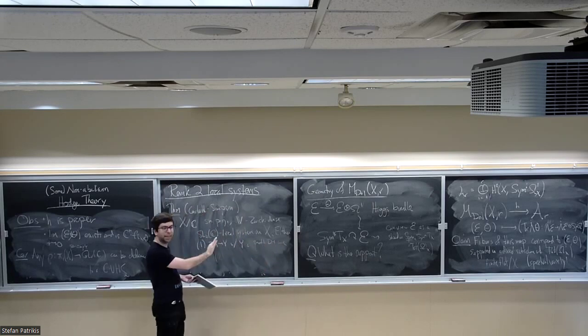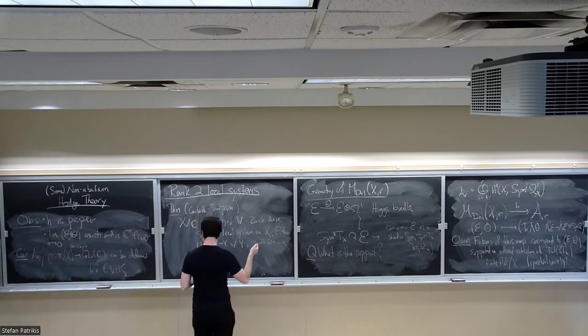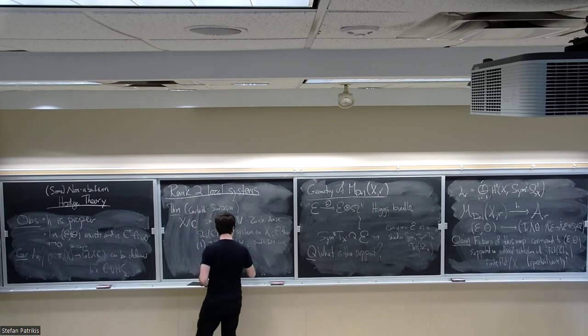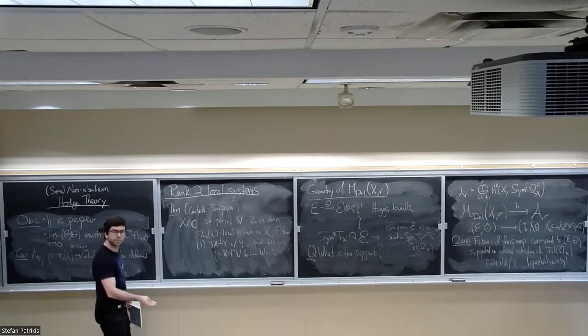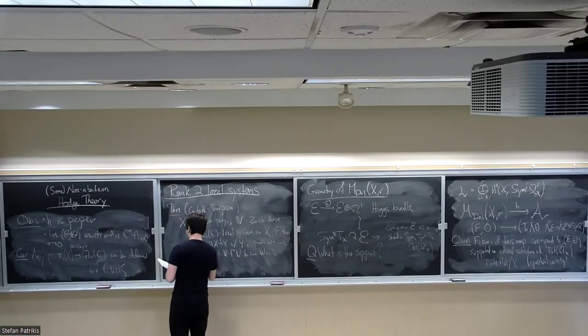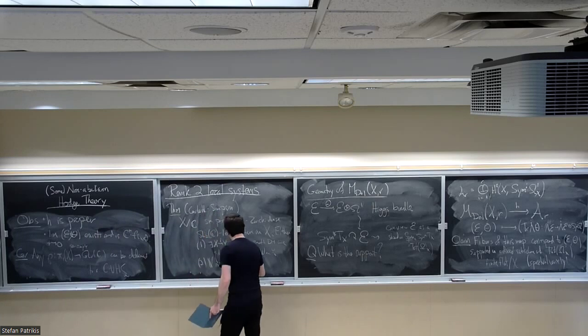There's a little bit of stackiness here, which you should just pretend doesn't exist for the sake of your sanity. So there's some F like this, such that V is F star W for some W on Y. So the first possibility is that V is pulled back from a curve. The other possibility is that V is rigid, and in fact, of geometric origin.